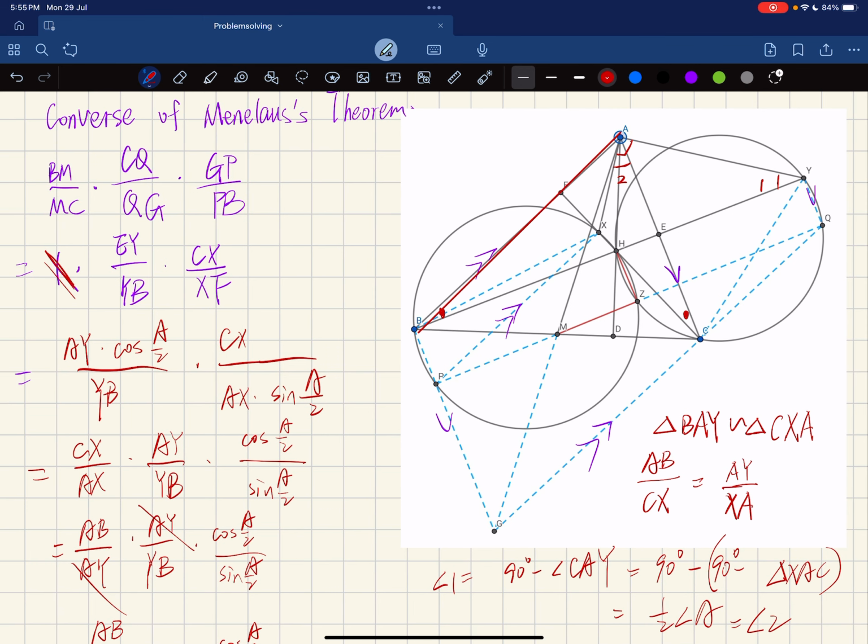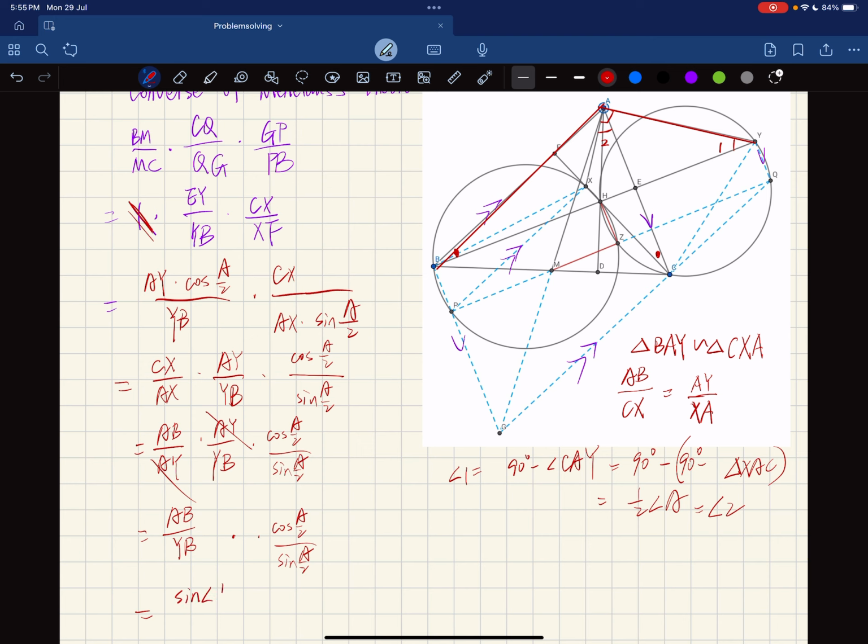So AB over YB means sine angle 1 over sine angle, or maybe we call it angle 3, times cosine half of angle A times sine half of angle A. Angle 1 is equal to half of angle A. So these two are just similar.